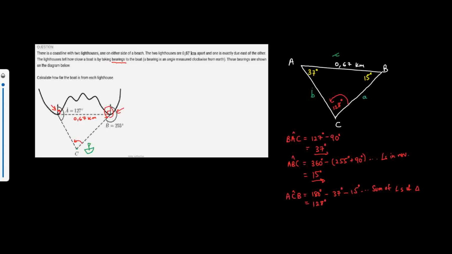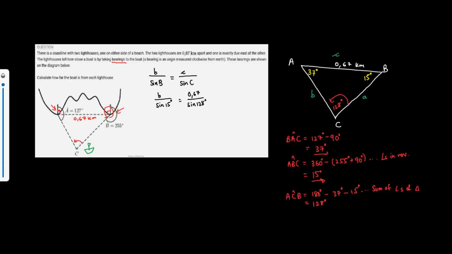So let's calculate it now. We are going to calculate B. So I'm going to say B over sine angle B is equal to, now let's use what we are given. We are given C. It's going to be opposite to sine angle C. So we have B over sine 15 degrees is equal to C, which is 0.67 over sine 128 degrees.